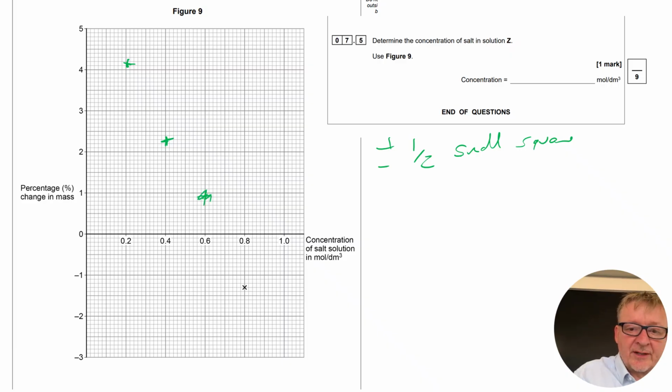Rub it out, make it go away, it's there. And then I've got given that one, and then 1 goes to there. Make sure you're getting it absolutely spot on in the right place. Now draw a line of best fit.